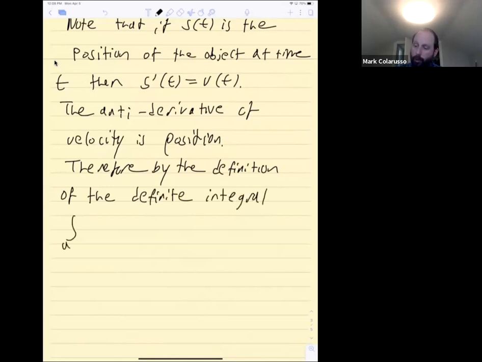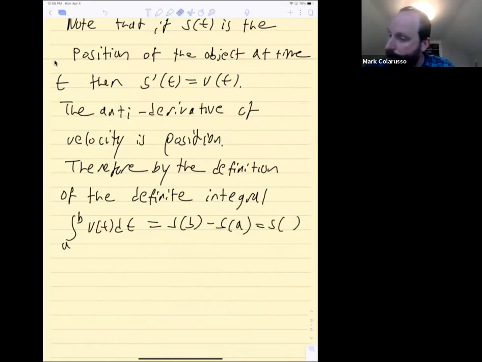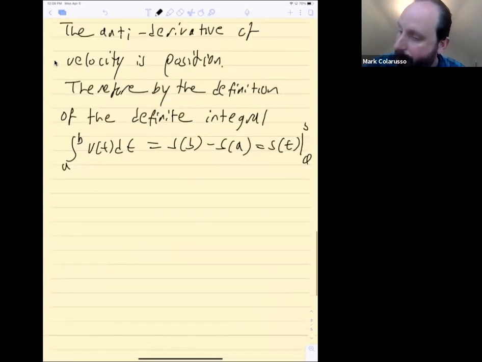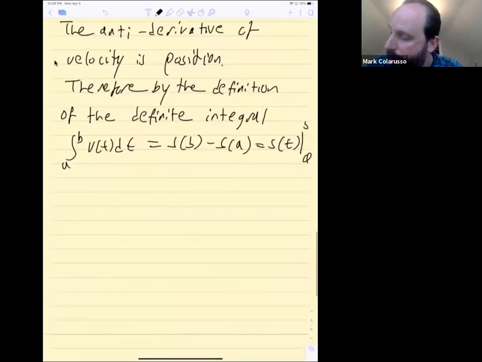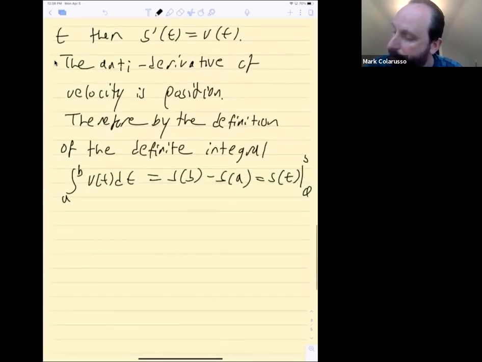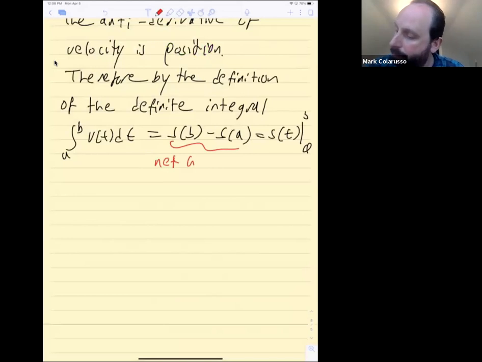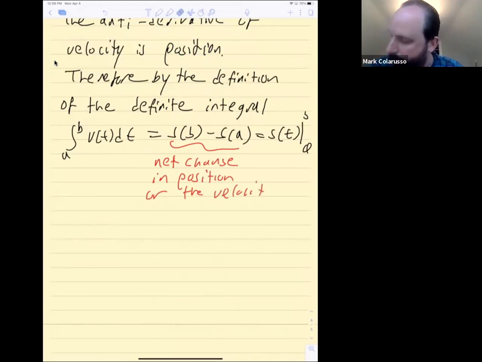we have the integral from a to b of the velocity dt equals the value of the position at time b minus the value of the position at time a, s of b minus s of a. And this difference is the net change in position, or the displacement of the object.